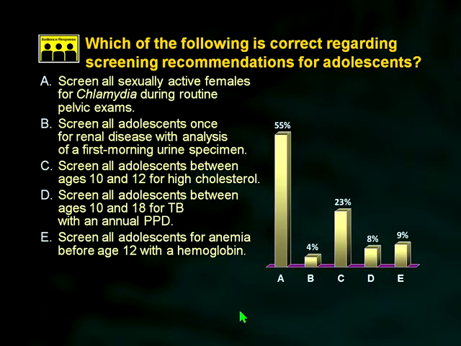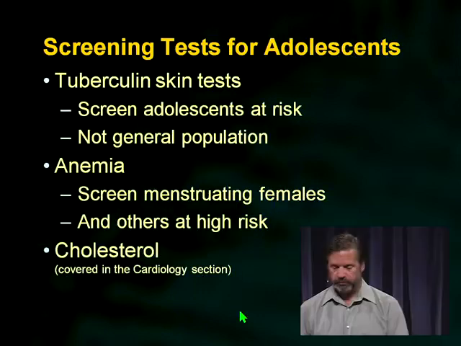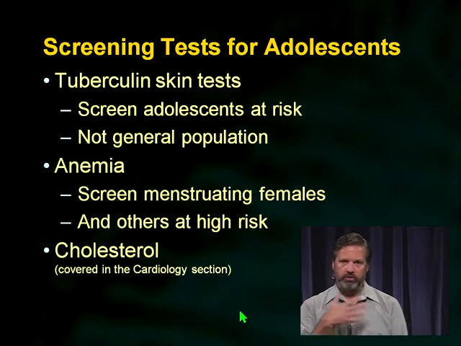And then E, there's one interpretation to E. Well, you're asked to screen all kids, right, when they're younger, but you're not asked to screen adolescents specifically for anemia. Again, it's targeted screening for anemia specifically for menstruating females. So it's not all adolescents. So as long as you understand the reasoning behind your answers, you'll be fine.